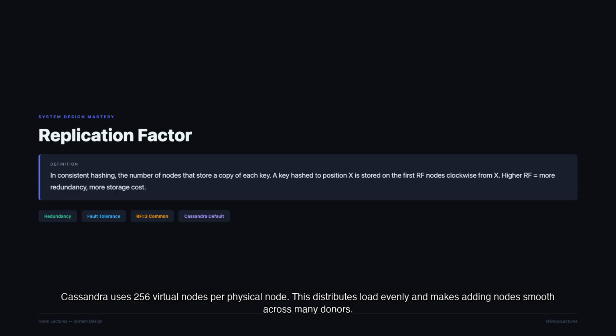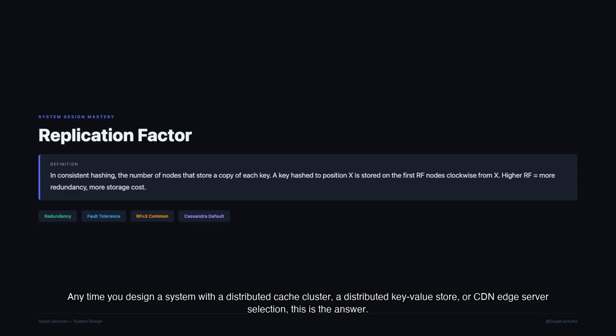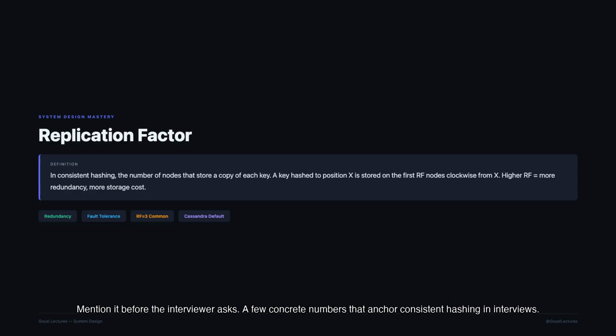This distributes load evenly and makes adding nodes smooth across many donors. Fourth, add replication. The first node clockwise is the primary. Replicate to the next RF-1 nodes clockwise. RF=3 is standard. Anytime you design a system with a distributed cache cluster, a distributed key-value store, or CDN edge server selection, this is the answer. Mention it before the interviewer asks.